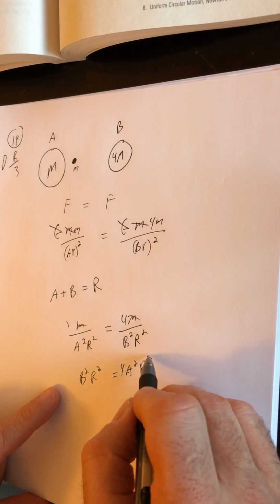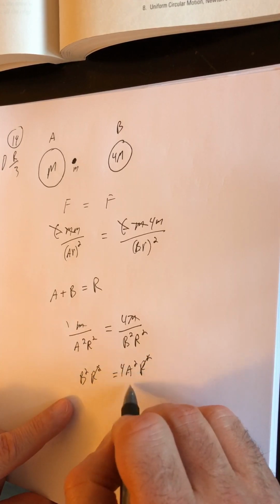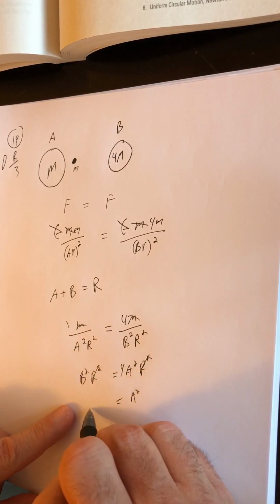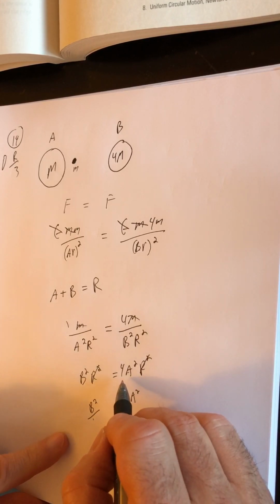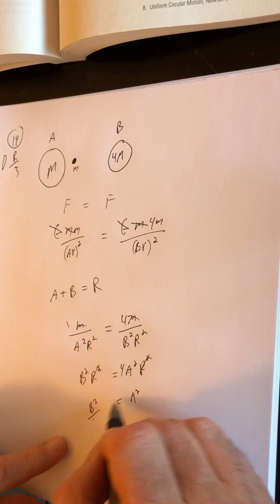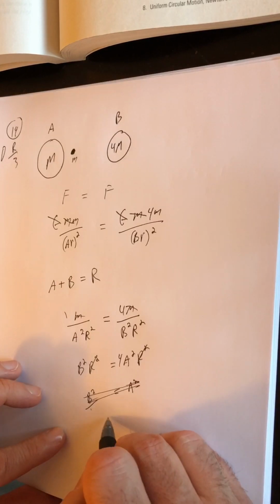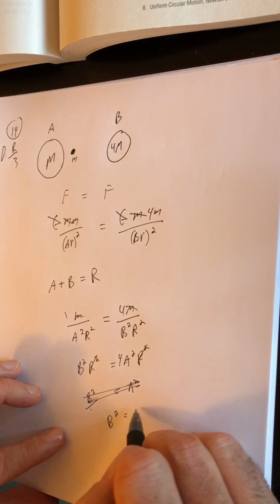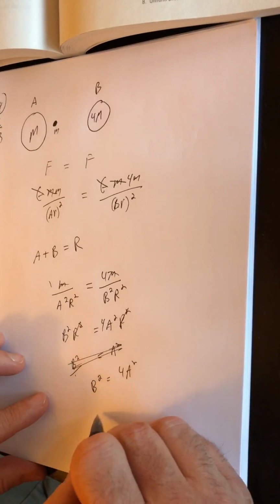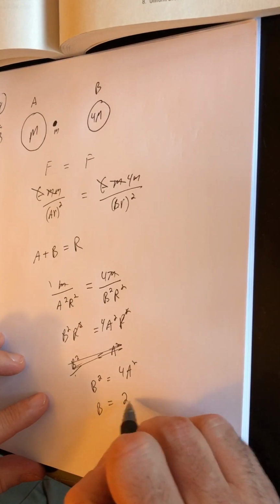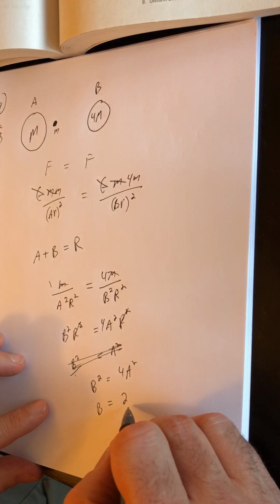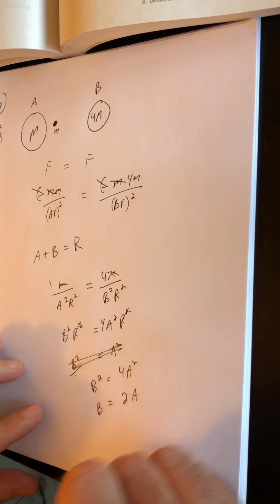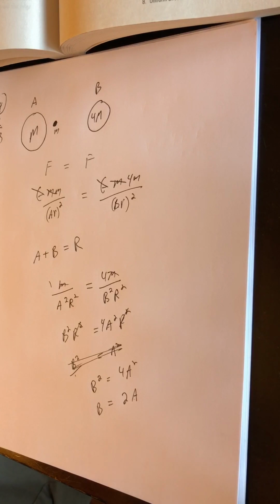So a squared is b squared divided by 4, or b squared is 4a squared. Take the square root of both sides and b has to be equal to twice a.